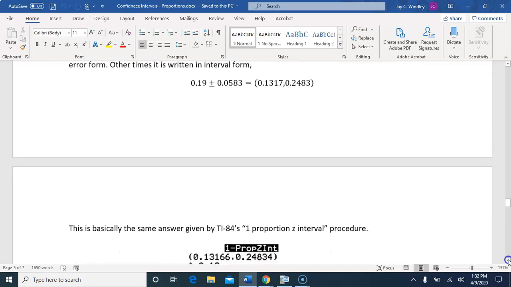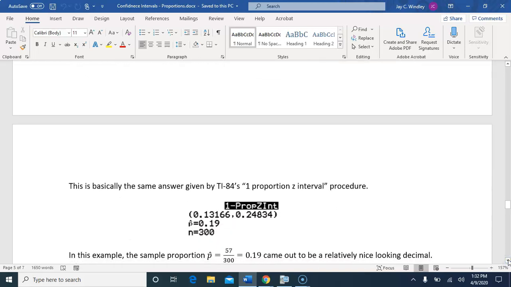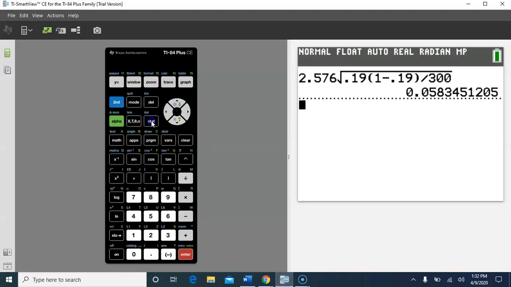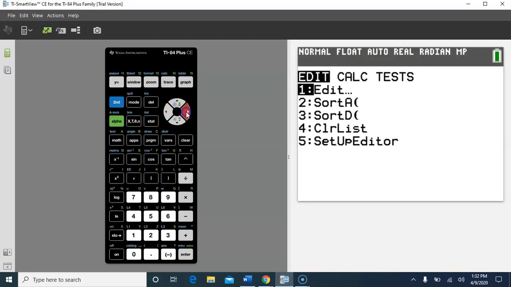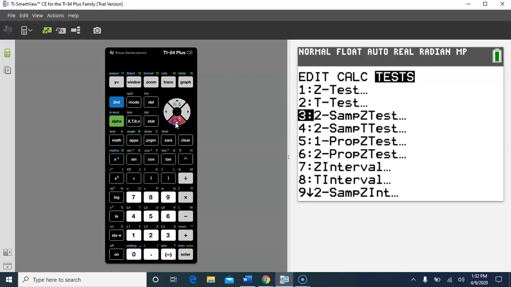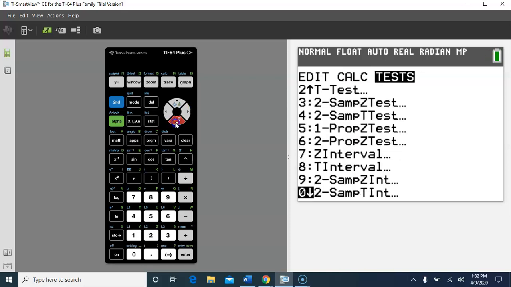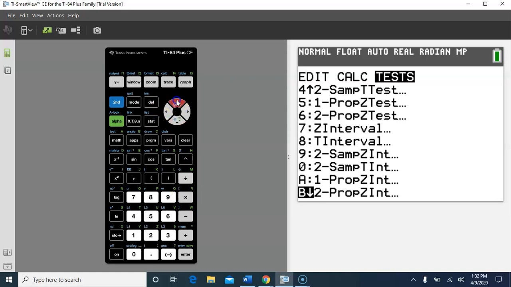This calculation can also be done on our graphing calculator. On the Stat button, under the Tests menu, there is a test called a one proportion Z interval.